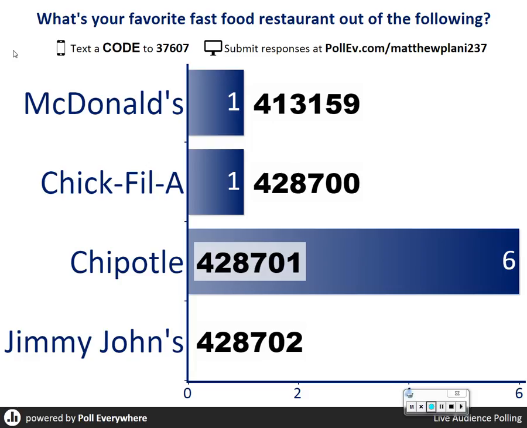I'm a little disappointed Jimmy John's didn't get any votes. Jimmy John's is really good, and it's freaky fast.